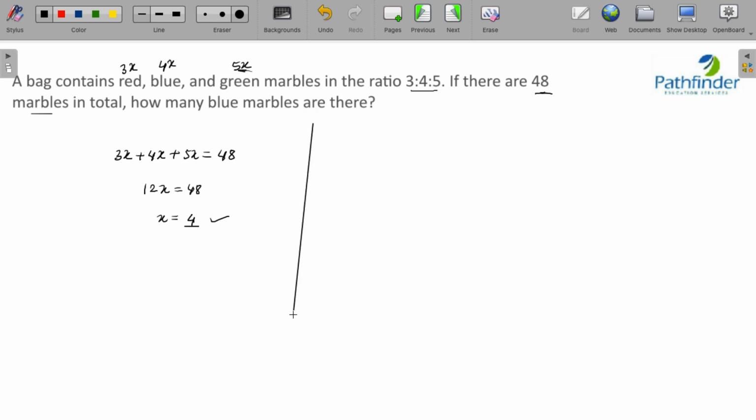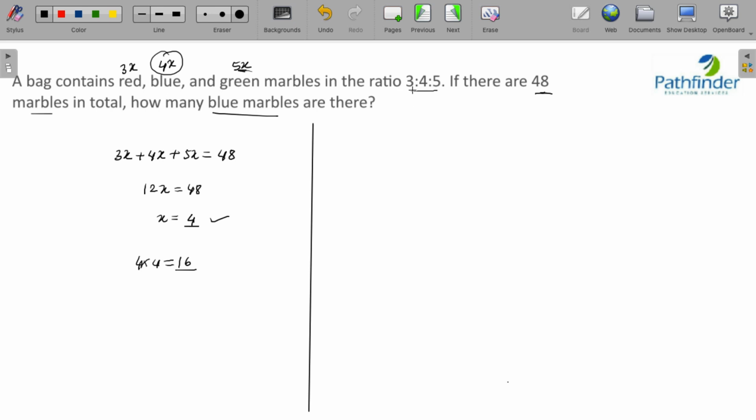Now once we get the value of x, we are required to find the number of blue marbles. So number of blue marbles is 4x, so 4 multiplied by 4. That is 16.